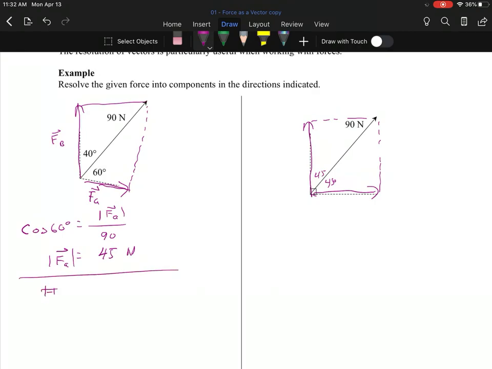Then for the force in the B direction, cos of 40 this time, and it won't always be cos, it just depends on how your diagram's set up. It happens to be cos here because both forces I'm trying to find are adjacent forces. So I want force of the B over the 90, and I get force in the B direction equals 68.9 newtons.